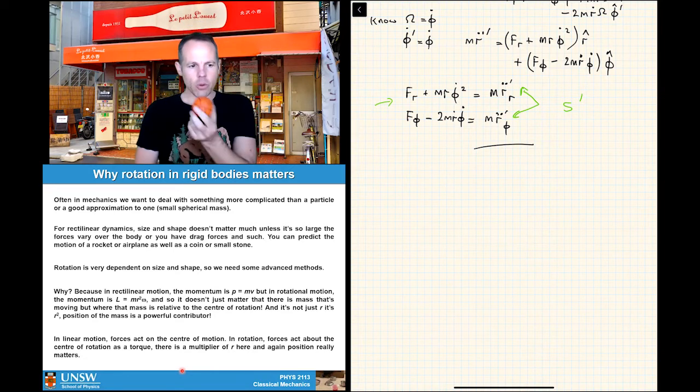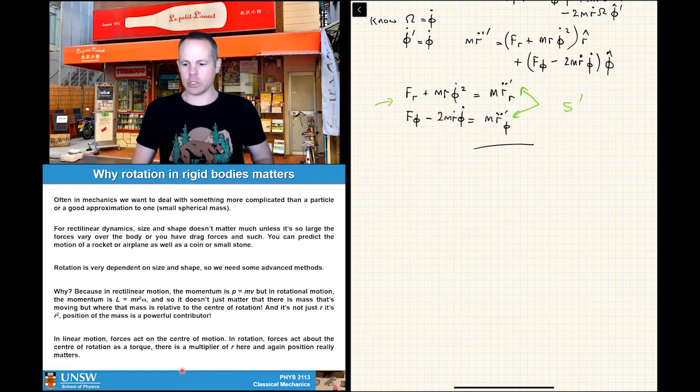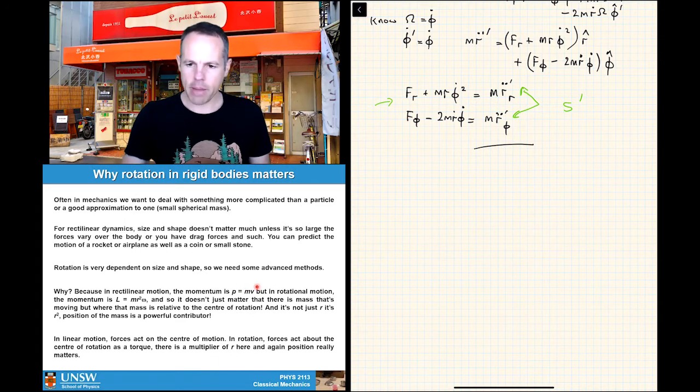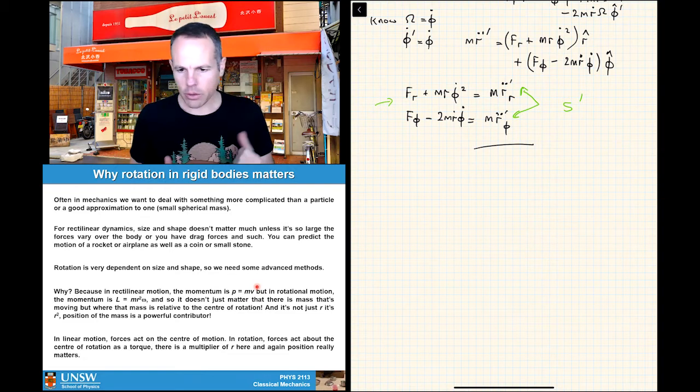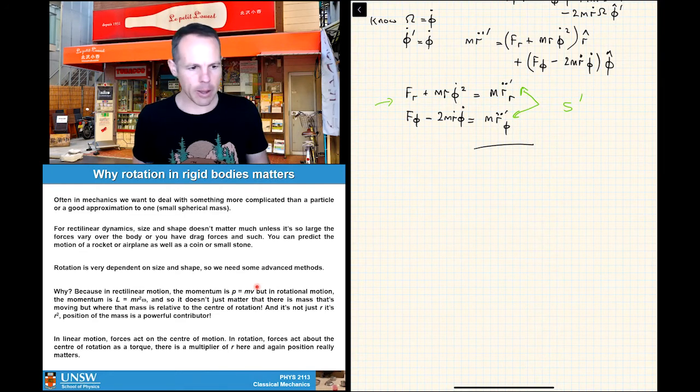And the reason for it, and a lot of books don't really go into this, the reason why there's a difference between the two is that in linear motion the momentum is just made up of the mass times the velocity, right? The mass is a simple scalar, the velocity is just a vector, and assuming you attach everything to the center of mass, the linear motion is kind of simple, okay?